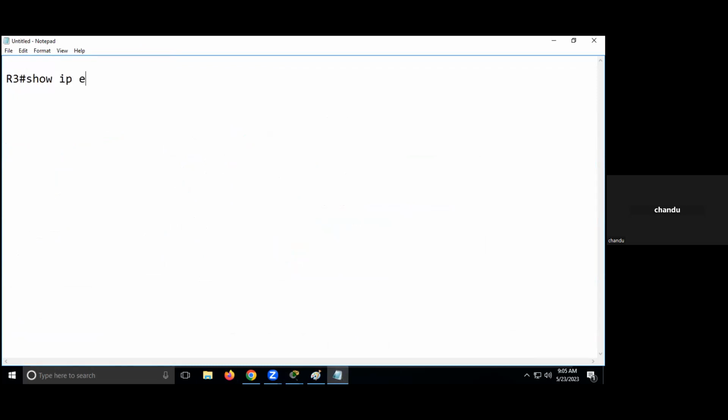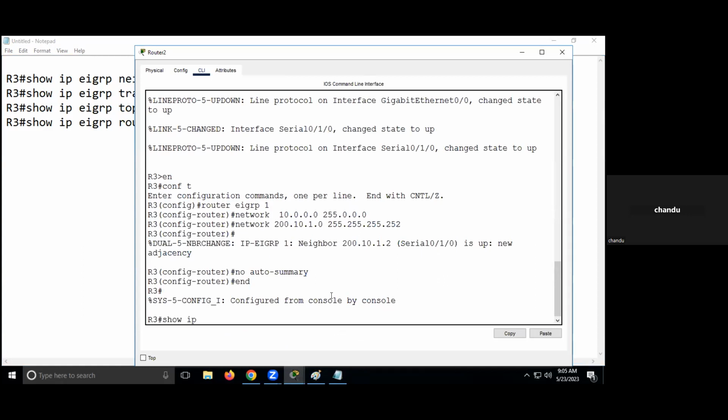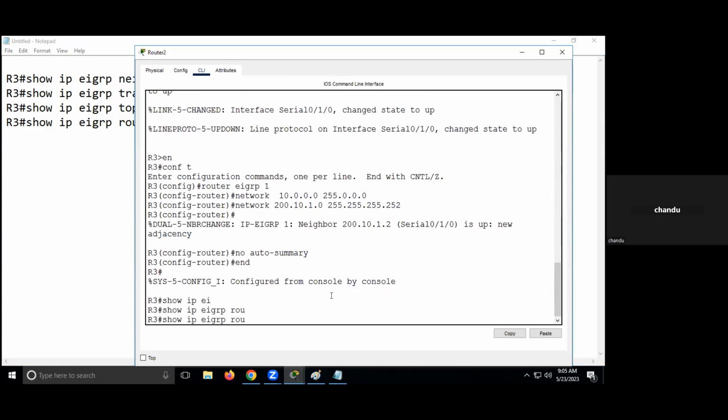Show ip eigrp neighbor. Show ip eigrp traffic. Show ip eigrp topology. Show ip eigrp route. Show ip route eigrp.